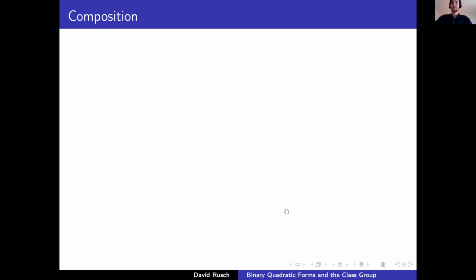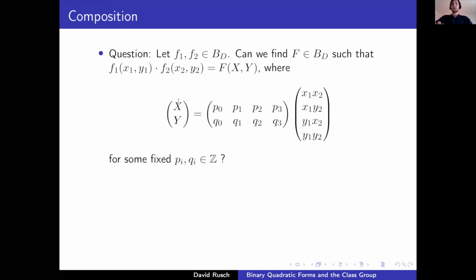So the question we can ask ourselves is, for any given binary quadratic forms of the same discriminant, can we find a third form such that the product of the first two forms can be expressed as the third form in some variables that are just fixed linear combinations of pairwise products of x1, y1 and x2, y2.